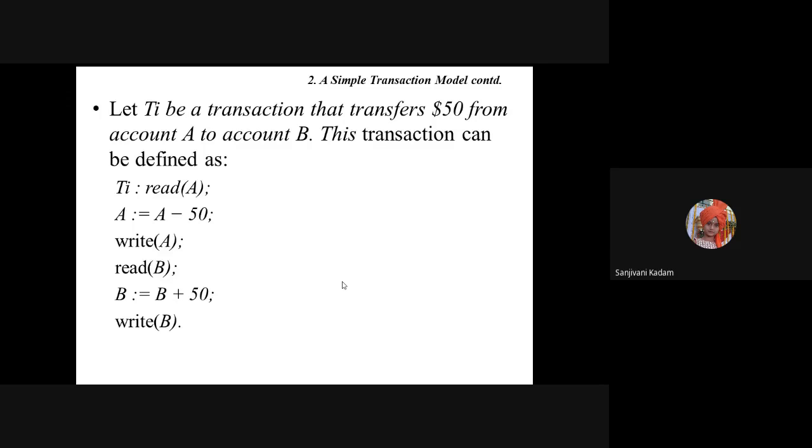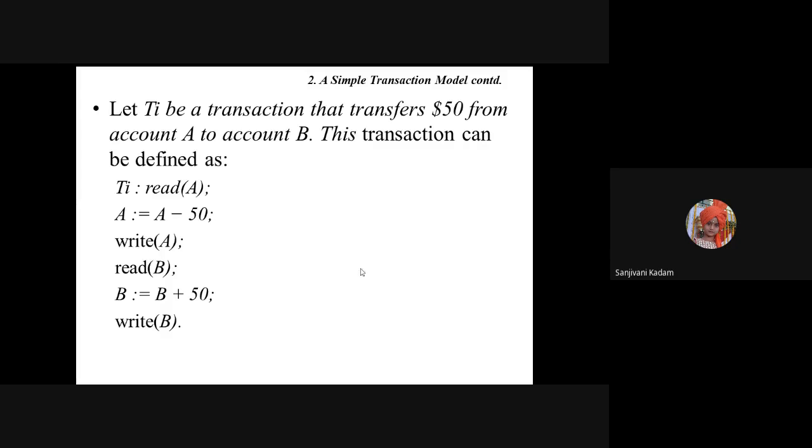The second operation we want to perform is the transfer to account B. It means 50 should be added to B's account, and hence it will read data item B, add 50 to B, and write back the value to the database.